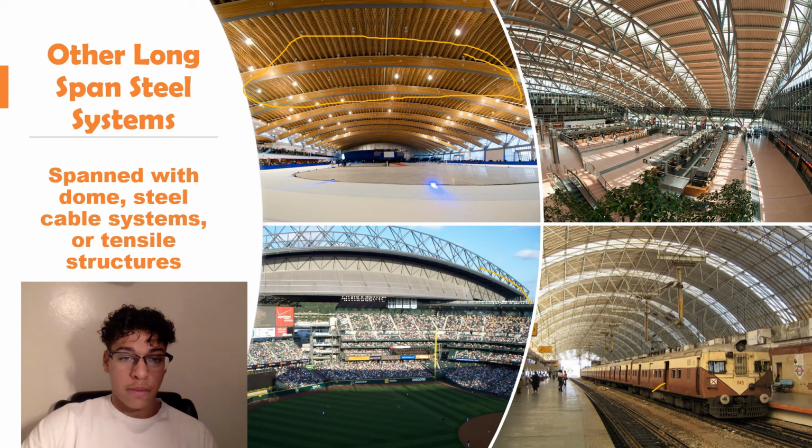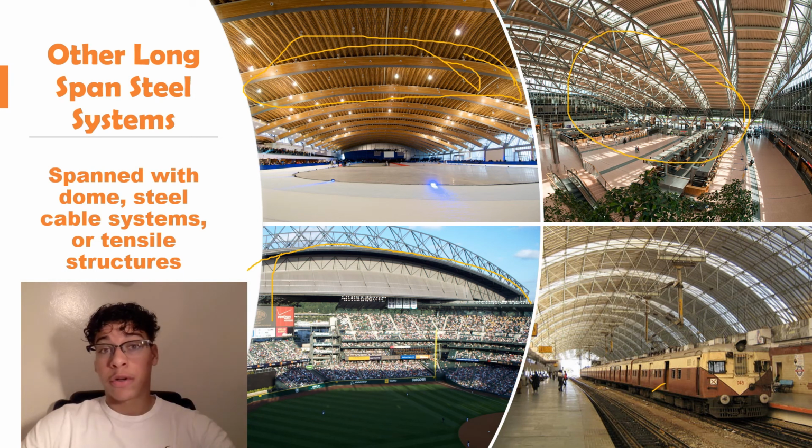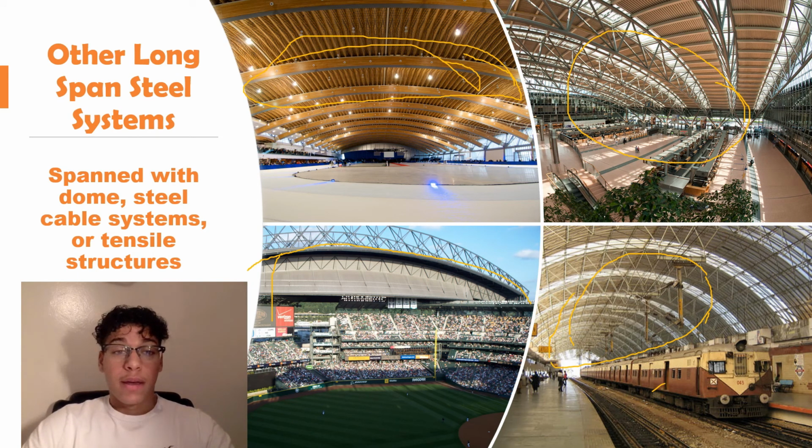This would be a stadium that has the dome. This one has the dome too. And this is an airport terminal. And this would be a train terminal. And that's basically it. Now let's move on to the final slide.